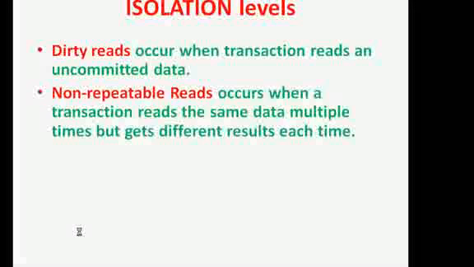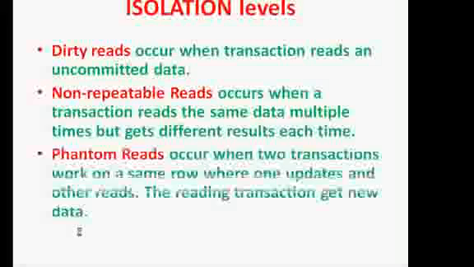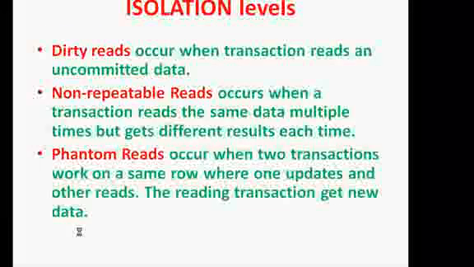Non-repeatable reads occur when a transaction reads the same data multiple times but gets different results each time. That means when a particular transaction is trying to read a particular row multiple times and each time it is getting new data, another thread is updating that particular row. So non-repeatable reads are possible, and then finally phantom reads are also possible.